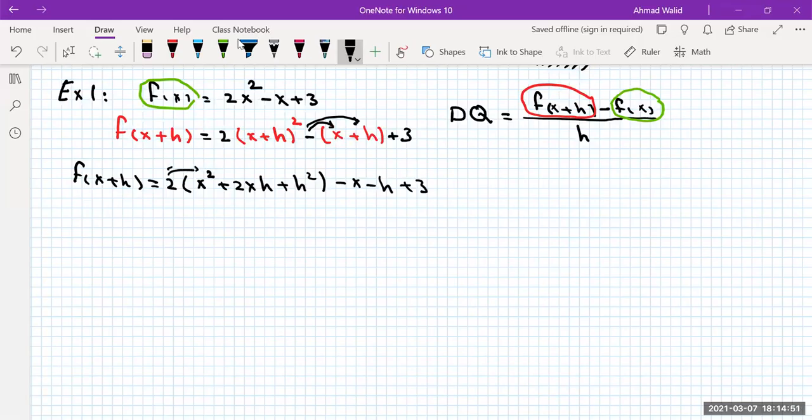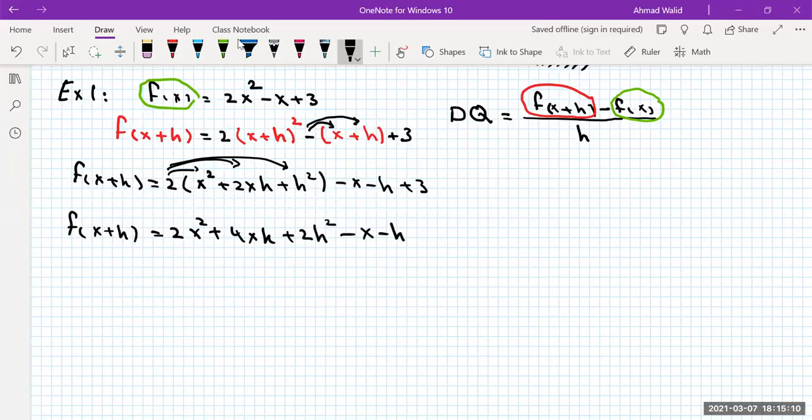Now distribute 2 here. Then f of x plus h equals 2x squared plus 4xh plus 2h squared minus x minus h plus 3. Do we have like terms? If we have like terms, let's simplify.